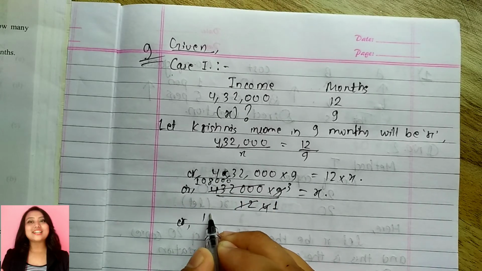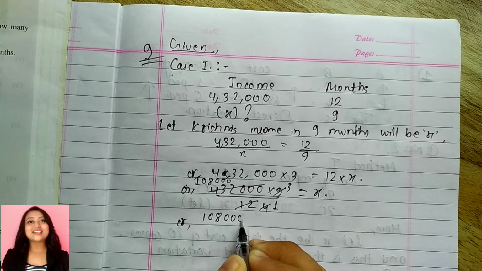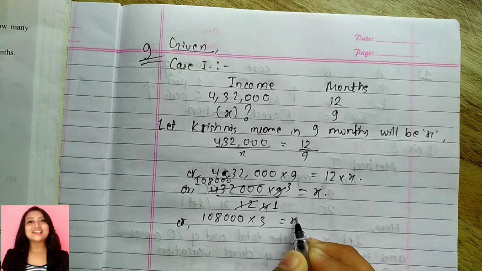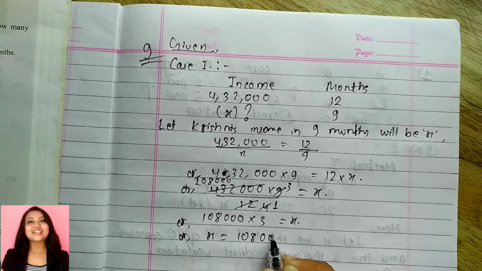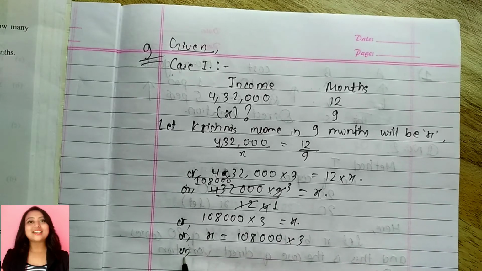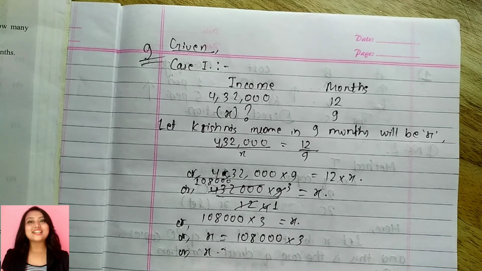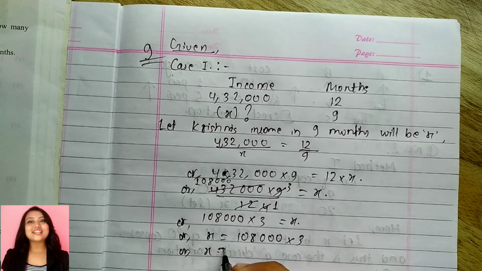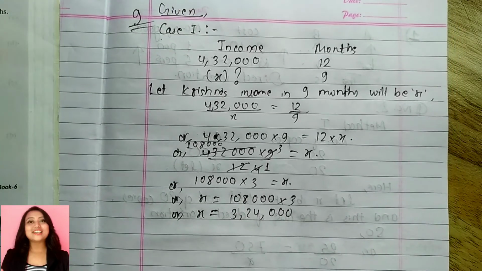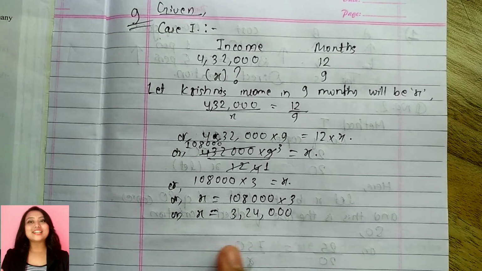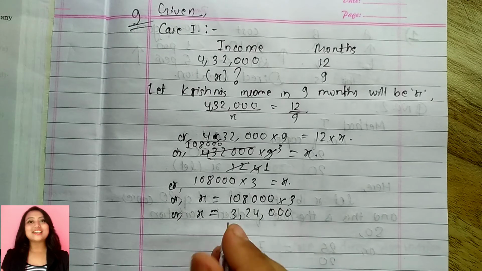So the remaining is 108,000 into 3 equals X, or X equals 108,000 into 3, so X equals 324,000. You do it like this, and the total income will be this much.